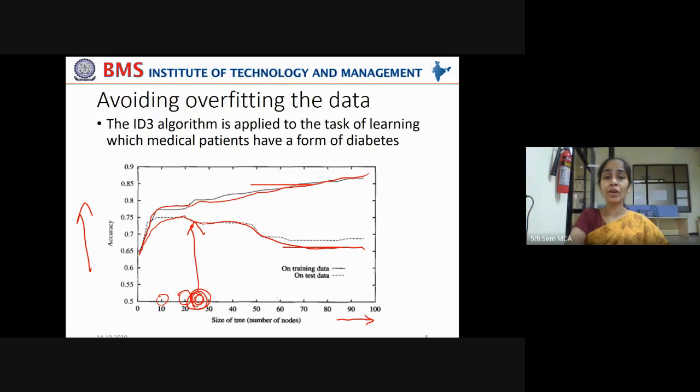Stop expanding your decision tree. You have to take a decision somewhere around 20 to 25 nodes to stop the further construction of this decision tree so that your model will not overfit and it would generalize well with the unseen data, that is the test data, so that both of their accuracies will be good enough. I don't say more or less, good enough. Okay.